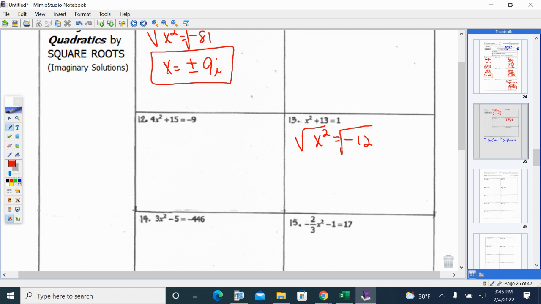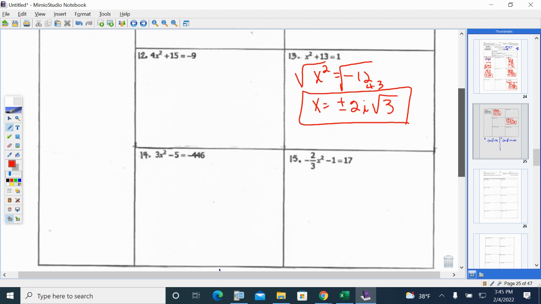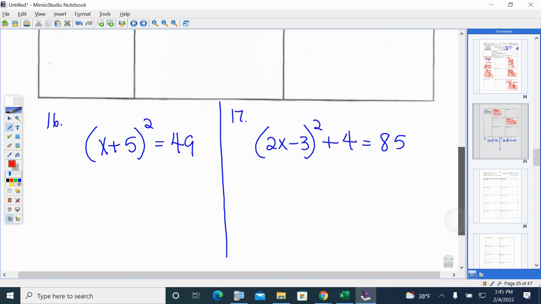We square root, and we get x equals positive and negative. When we take the square root of negative 12, I'm going to make that a 4 and a 3. So 2i radical 3 for my solution on number 13. So this is one that has radical and imaginary in the answer, so be careful there. I have included a couple of extra examples that I wanted to share.